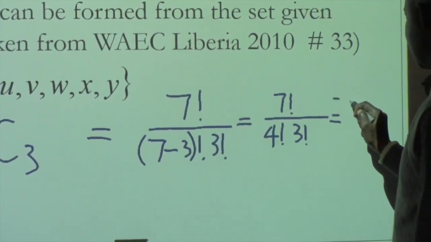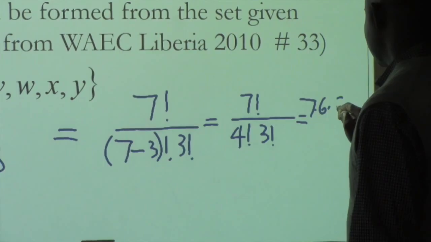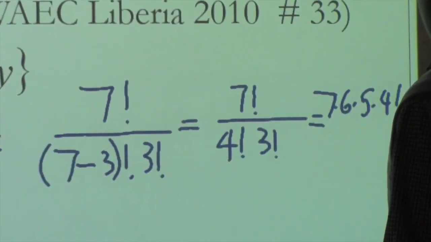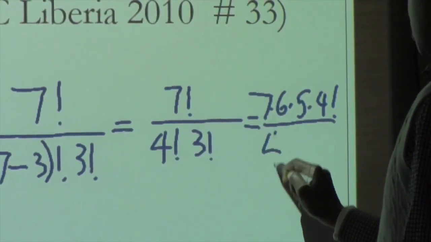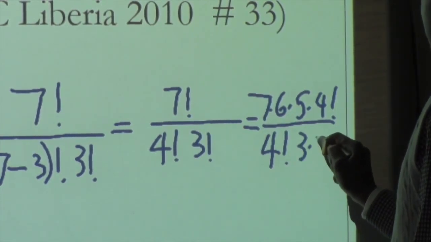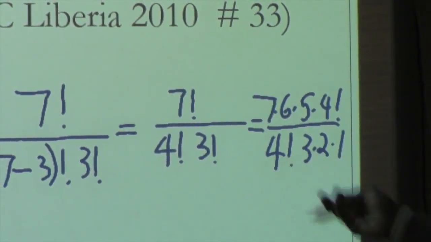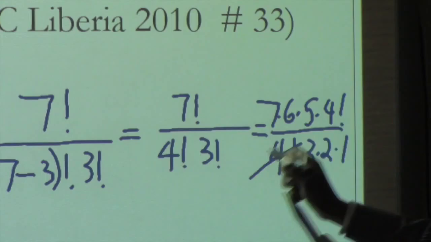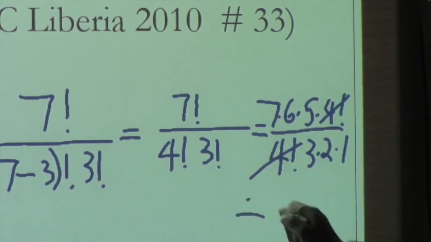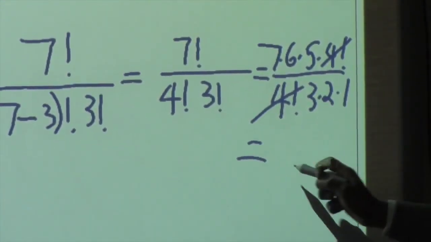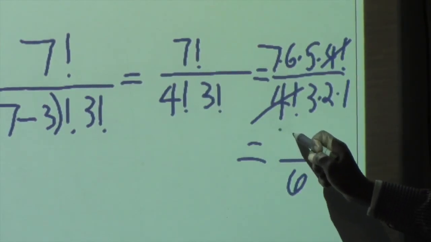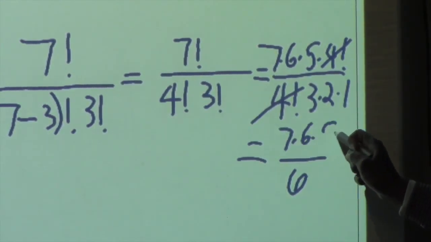And this will give me 7 times 6 times 5 times 4 factorial over 4 factorial and 3 times 2 times 1, because I'm doing the 3 factorial. Now, 4 factorial here will cancel with 4 factorial here, and 3 times 2 times 1 is going to be what? 6. 7 times 6 times 5 is up there.